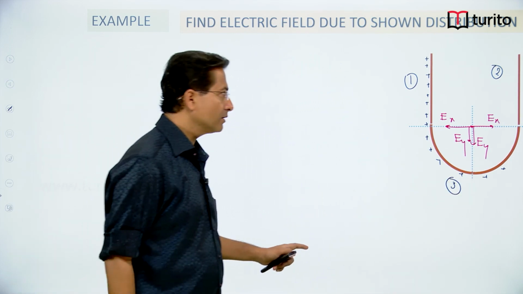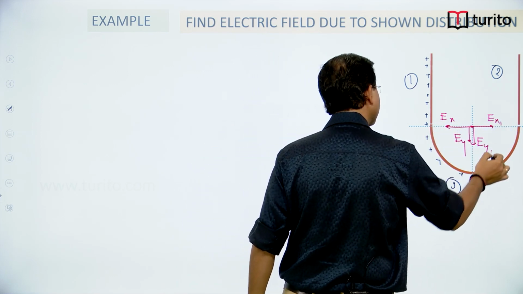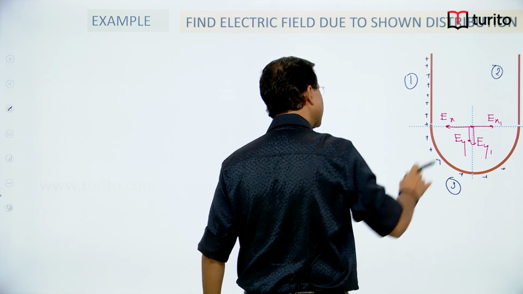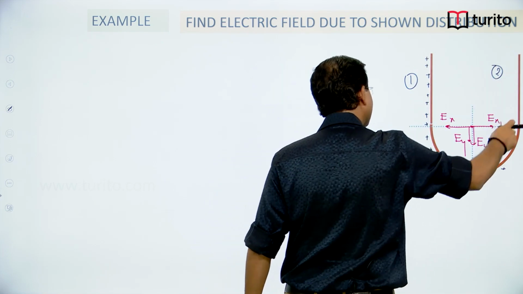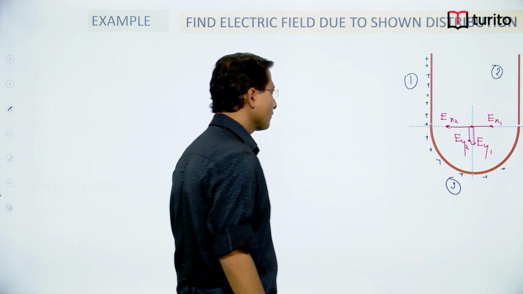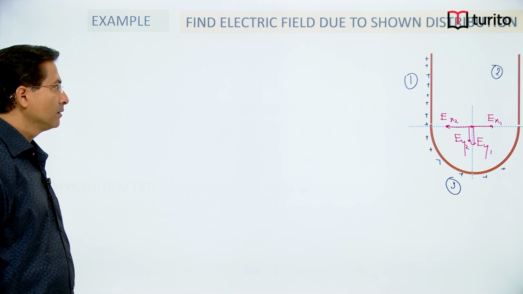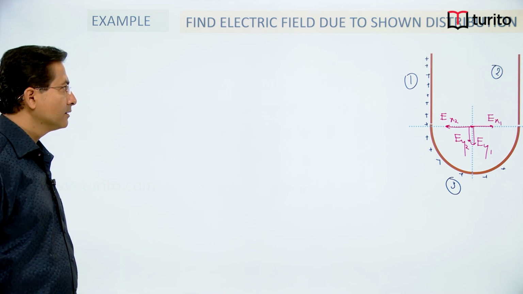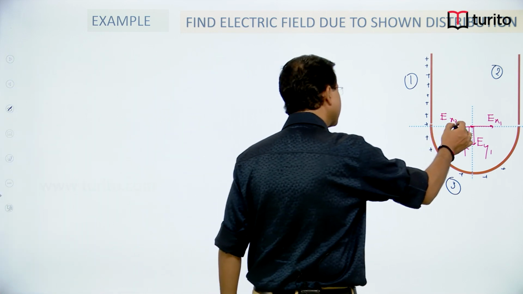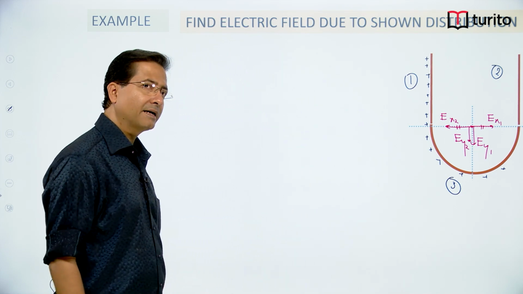So, I have just drawn the field by the first segment, these two components, x and y, and because of this segment, x and y. You can see that x are cancelling each other, magnitude wise they are same, right.